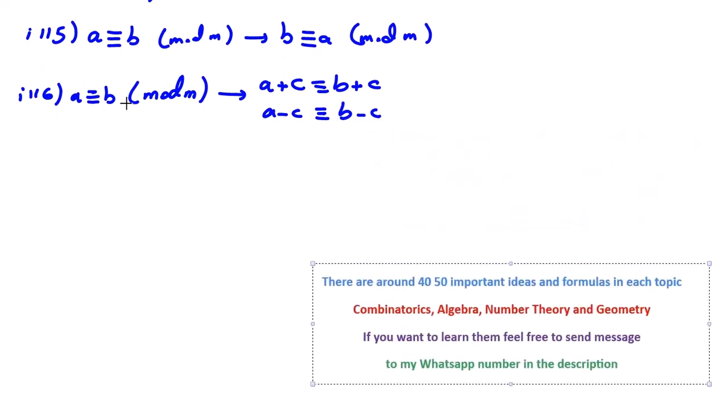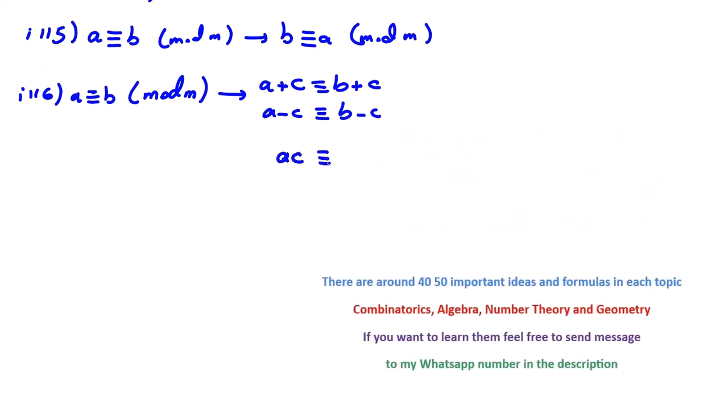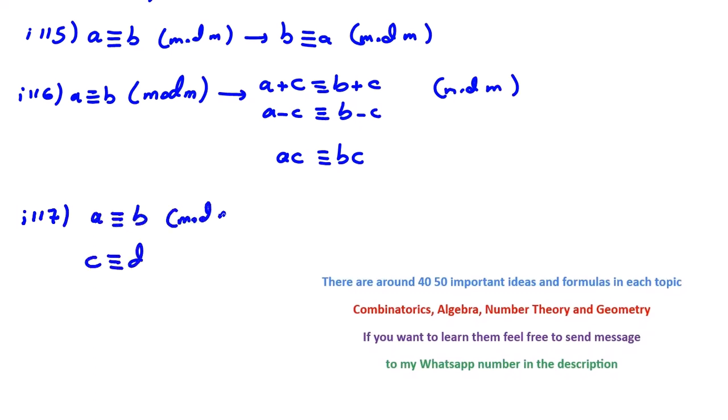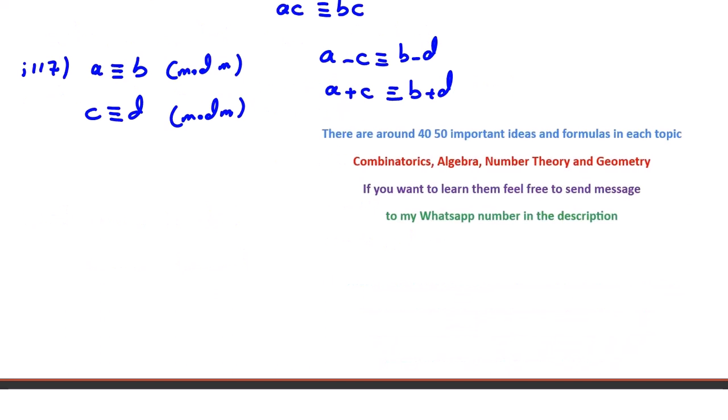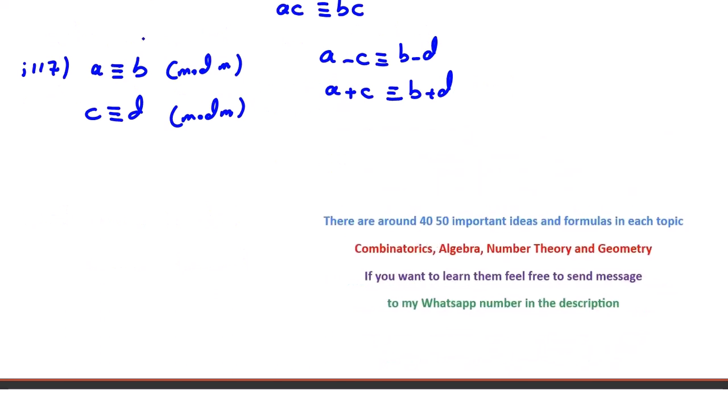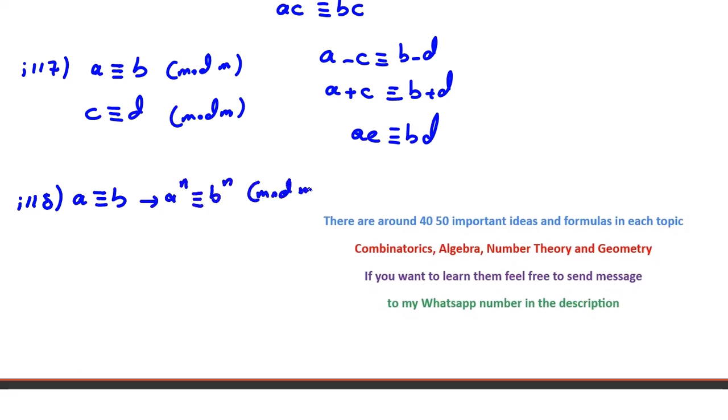Now we know sum and minus, we can multiply both sides by C, all of them mod M. Idea 117, if A is congruent to B and C is congruent to D mod M, then we can say A minus C is congruent to B minus D, A plus C is congruent to B plus D, and the last one, A times C is congruent to B times D. Idea 118, if A is congruent to B, then A to the N is congruent to B to the N, all of them mod M.